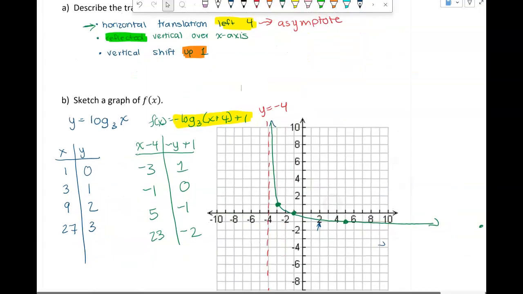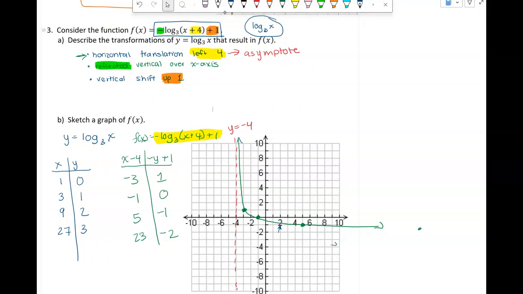Okay, so I would take some values, knowing the original base parent is log base 3 of x. So for x value of 1, it's 0. When x is 3, it would be 1, 9 to 2, 27 to 3. And I know this because I know that 3 to the exponent 1 is 3, 3 to the exponent 2 is 9, 3 to the exponent 3 is 27.